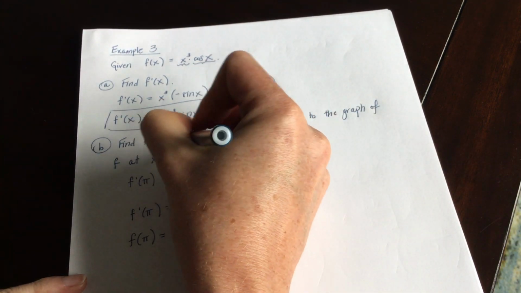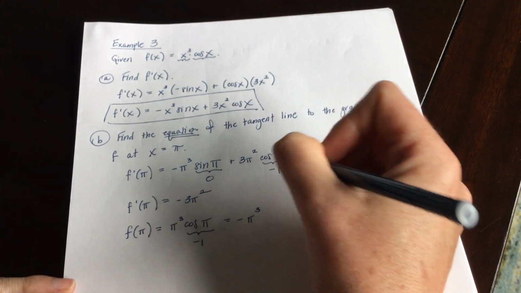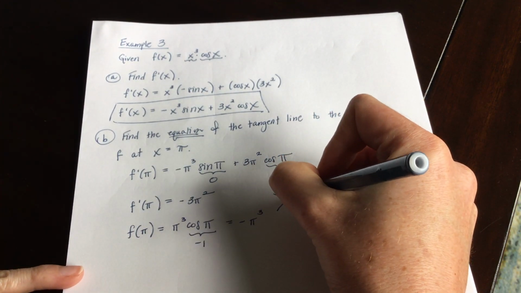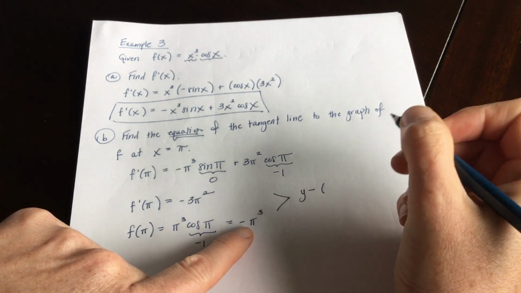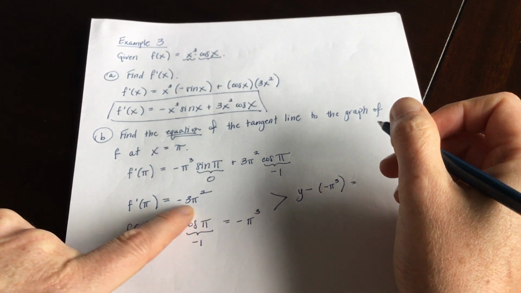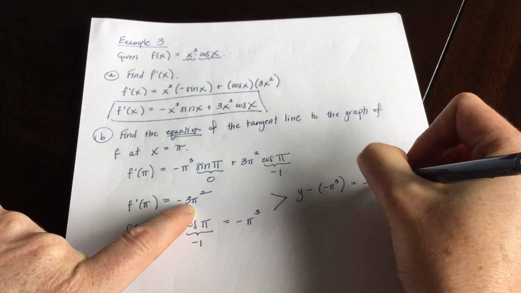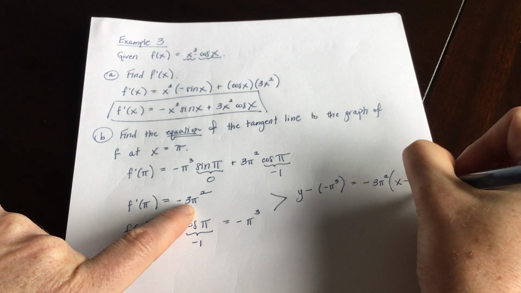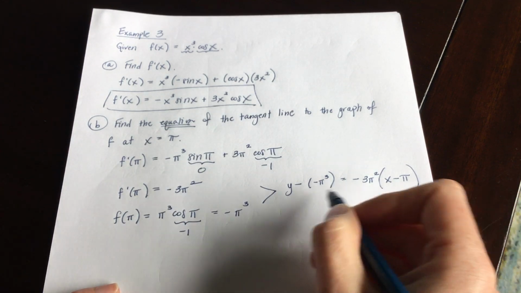Now for your answer, they did ask for the equation, so I'm going to demonstrate a point slope form answer. Point slope form: y minus your y coordinate equals your slope times x minus your x coordinate of your point of tangency. You're welcome to leave it like this.